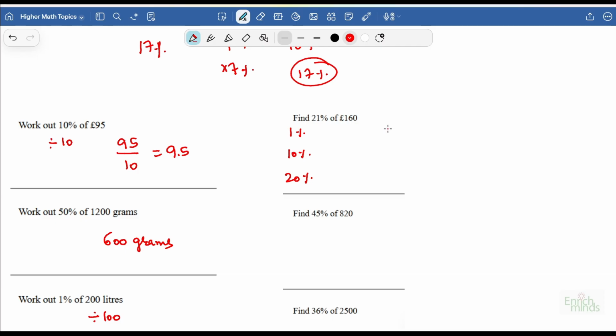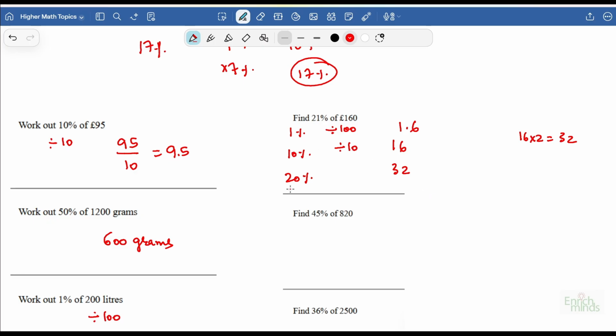So 160 divided by 100 gives me 1.6. And then 10%, I divide the quantity by 10 to get 16. To get 20% from 10%, I double 10% to get 20. So 10 times 2 gives me 20. So 16 times 2, or double of 16, is 32. 32 is 20% of the quantity given to us.